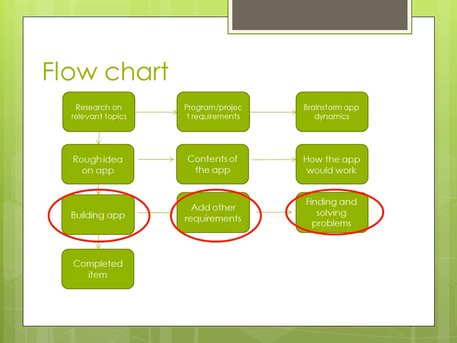So most of the contents of the app, how the app's going to work, have been finalized, and now I'm in the process of building the app, adding other requirements, for example MATLAB image processing. And of course I've bumped into some problems that I'm still in the process of solving, and hopefully by the presentation we have a completed item.